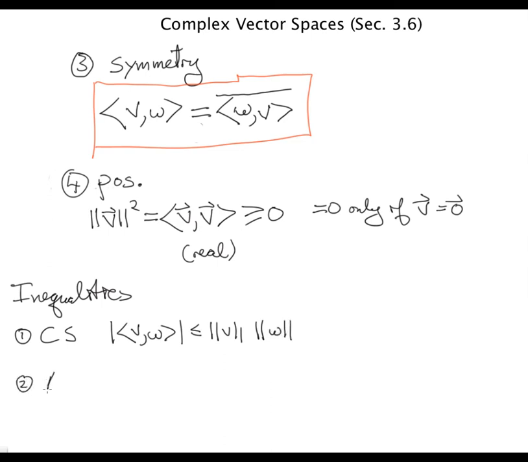And the triangle inequality says that the norm of v plus w is less than or equal to the norm of v plus the norm of w. And everything in this, all of these things over here are real numbers. As a matter of fact, positive real numbers.